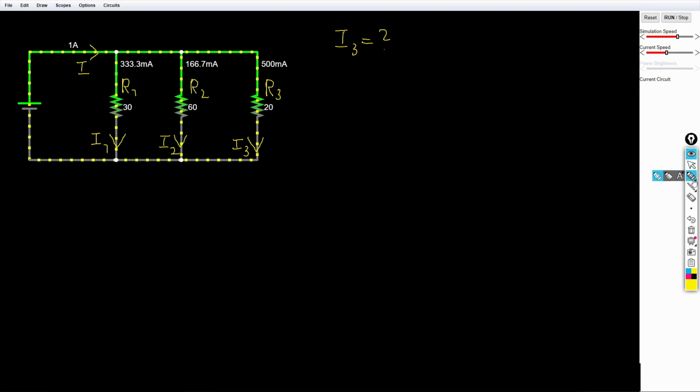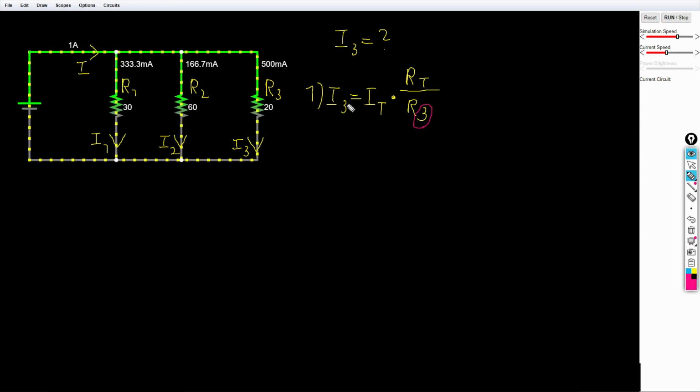In the general case, the current divider has two versions of the same formula, and you can choose which you can remember easier. The first version is I3 equals input current times total resistance over R3. Be careful here, we have the total resistance and not just the sum.